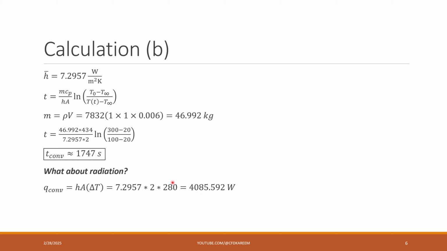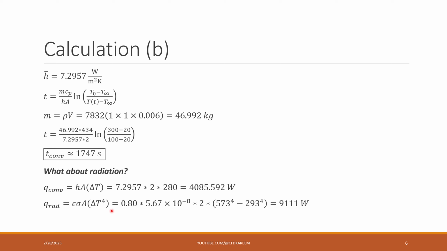And again, this is our heat transfer coefficient going from our initial temperature all the way down to ambient. So it's going to be 280 here. And we can also calculate our radiation value by using this equation. So we'll take epsilon, the emissivity, times the Stefan-Boltzmann constant, times our area again. And then we're going to take the change in temperature to the fourth.